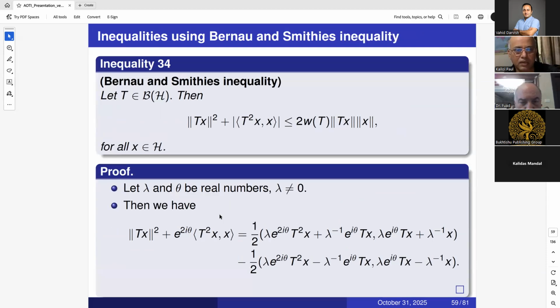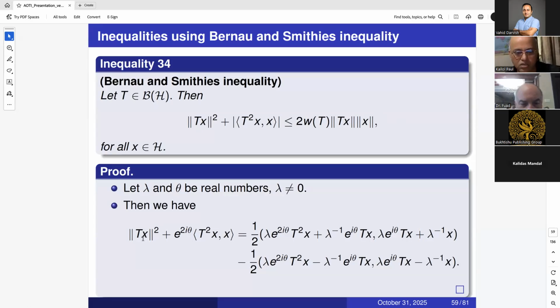And another fundamental, I will not say very well-known, inequality is the Buzano inequality. Here also I'll just say two or three points. This was developed by Buzano long back, and it was developed from this identity.